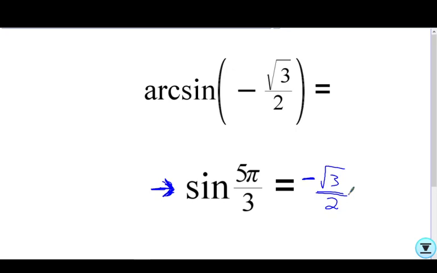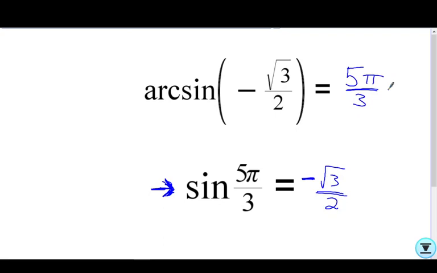You input a unit circle value, like -√3/2, and the arc sine will give you back the angle measure where it happens, and it'll give you back 5pi/3. That's how the arc sine, arc cosine, and arc tangent functions work. You plug in a unit circle value, it gives you back an angle measure.